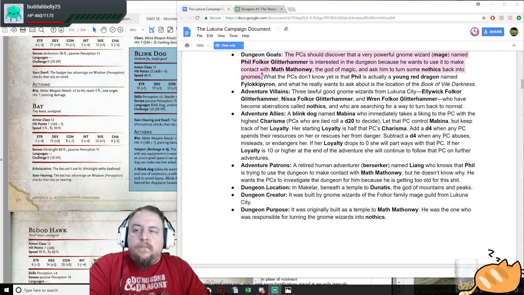The other thing you can do is make sure that the way they gather information does not have all of the information. Compartmentalize it. So the adventure patron here is Lang, who knows some of the dungeon goal information. He knows there's a powerful gnome wizard named Phil, and tells it to the party.